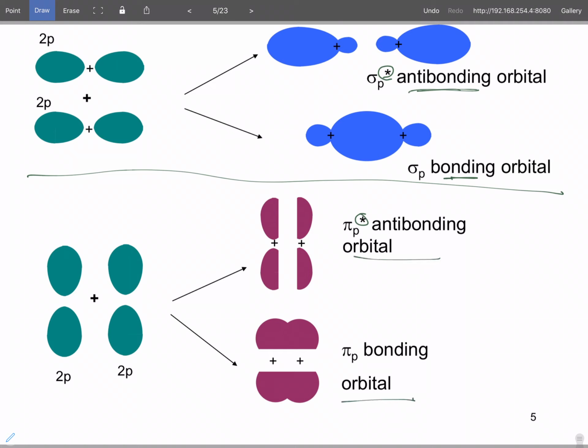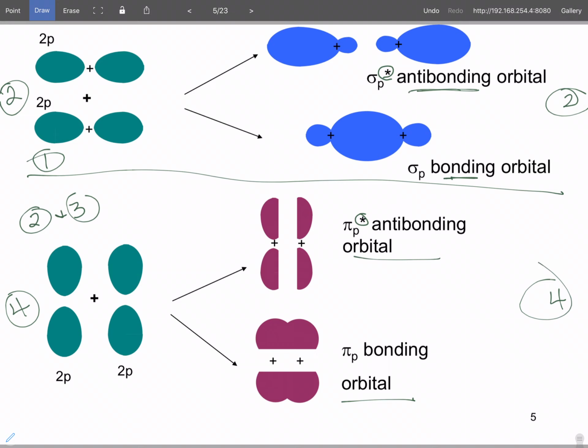Now, because you have 3 p orbitals, here's 1. You can only end on overlap. The other 2, so 2 and 3, would produce the sideways overlap. They'll just be 90 degrees to each other. So you would end up, start with 2 orbitals here, 4 orbitals here. You end up with 2 orbitals over here and 4 orbitals over here.